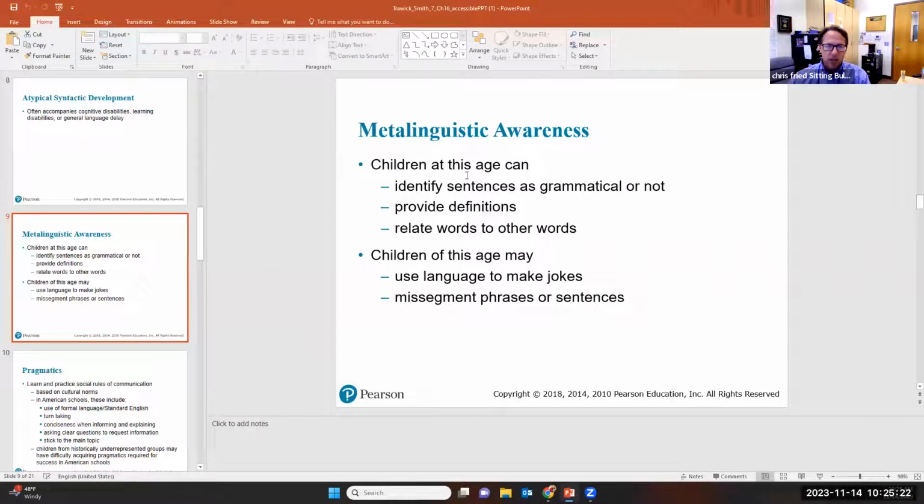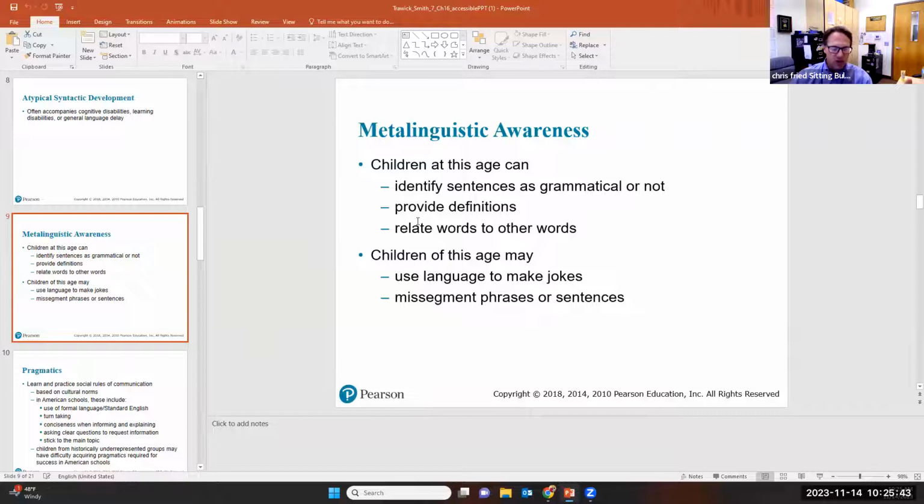Metalinguistic awareness. Children at the primary age can identify whether sentences are grammatically correct or incorrect. They're able to provide definitions for words, and they can connect or relate words to other words, similar to synonyms, or connect types of words together.